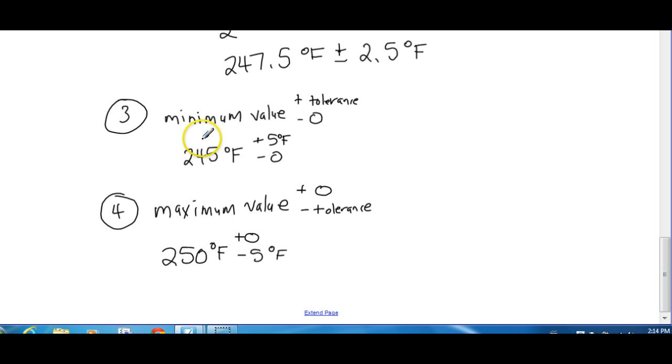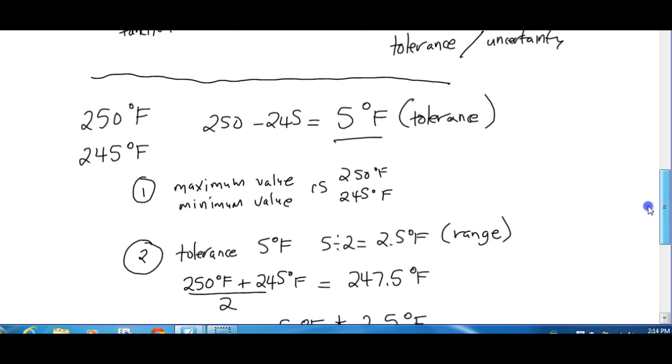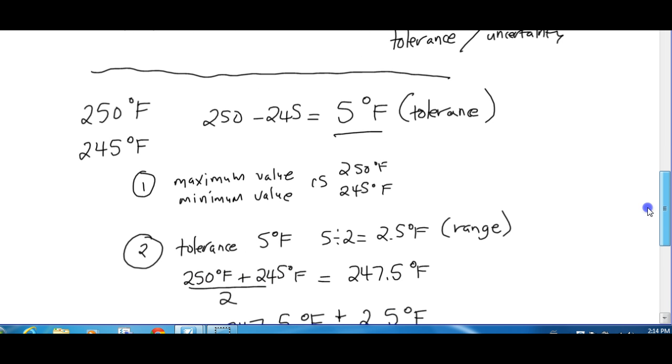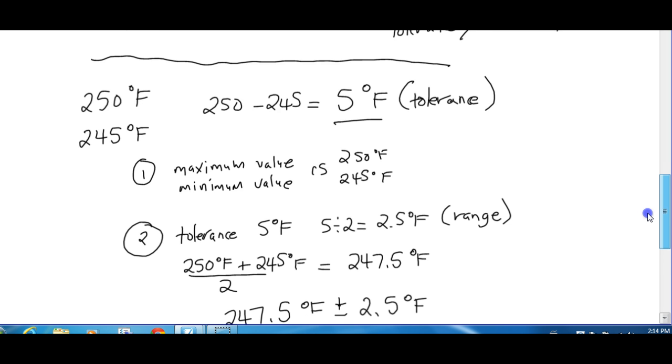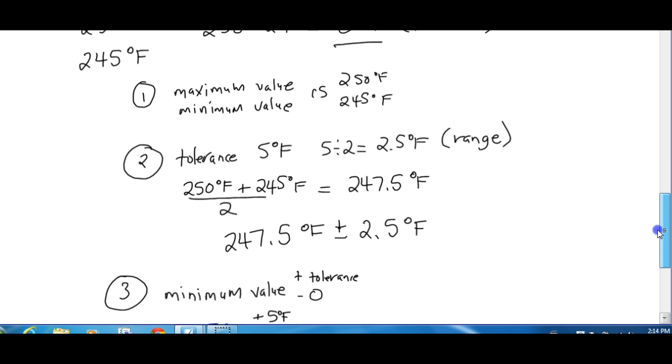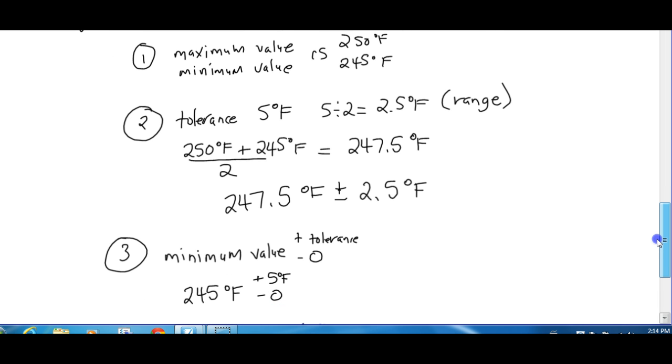So I can look at it from the perspective of the minimum value or the maximum value. So there's 4 ways that we can write this down. Number 1, we can just write it the way it's shown there, maximum value, minimum value. Number 2, we can look at it from the perspective of the nominal value, which is 247.5 plus or minus 2.5 degrees Fahrenheit. Takes me to 250 or 245 on the top or bottom.